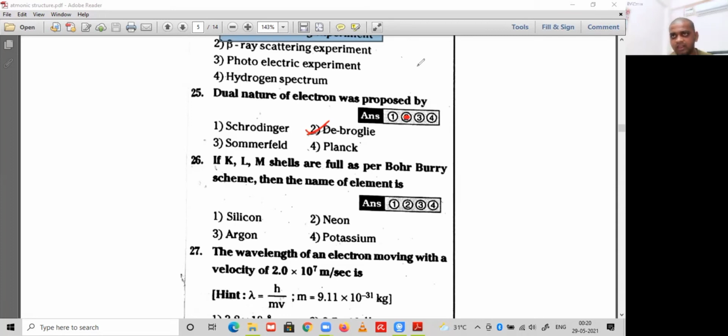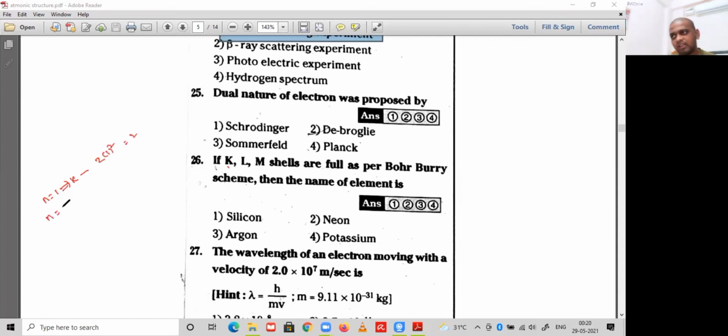Option 2 is the correct option. Question 26: if the K, L, M shells are full as per the Bohr-Bury scheme, then the name of the element is. For n equal to 1, that is the K shell, we will have 2 electrons.